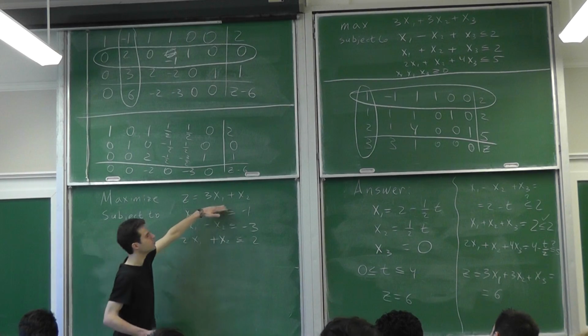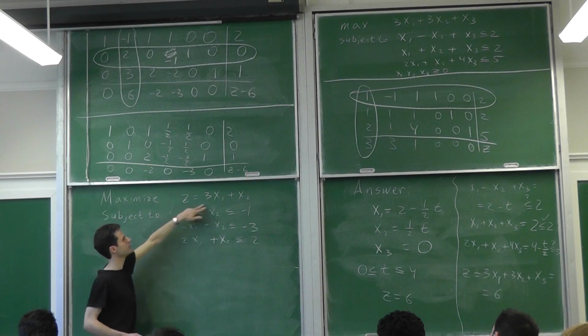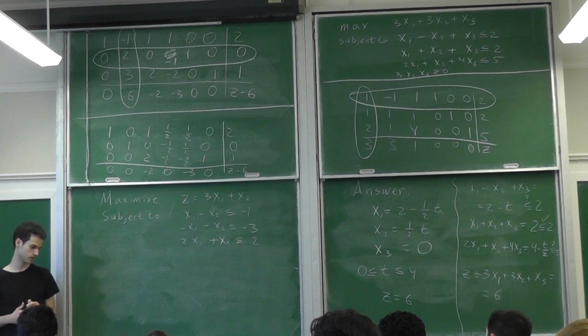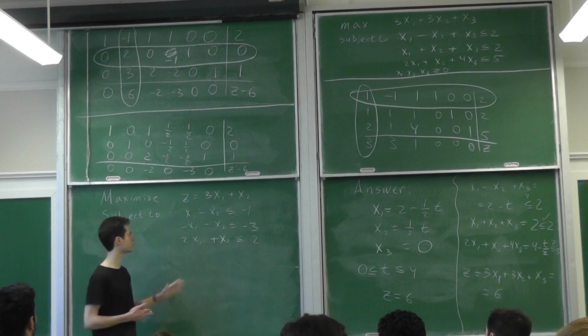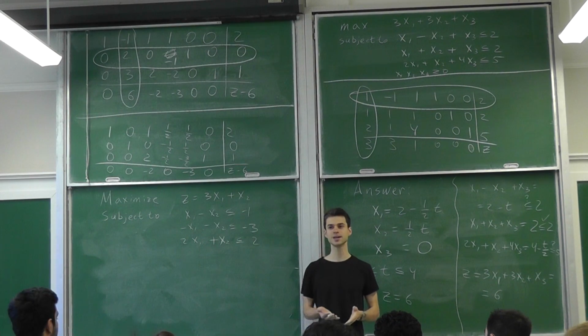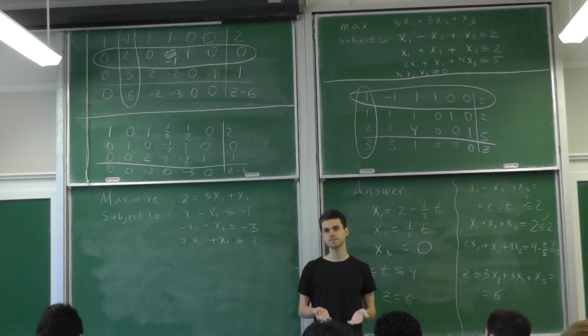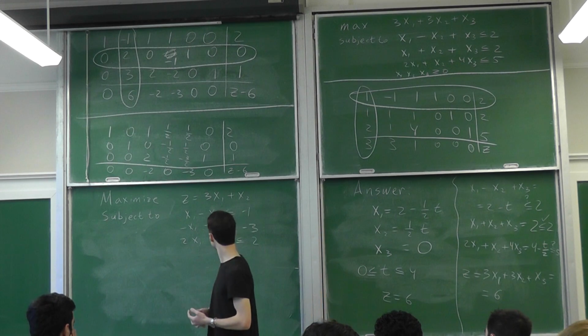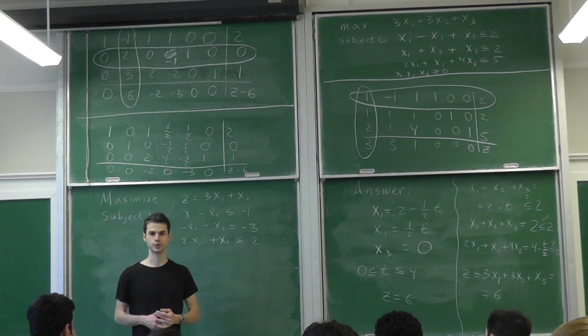Okay, but back to this problem. I'm trying to maximize such a function subject to these constraints. Well, so what's wrong? Why can't I start the simplex algorithm right away? Usually I start with the solution 0, 0. Here, I don't see a solution 0, 0.